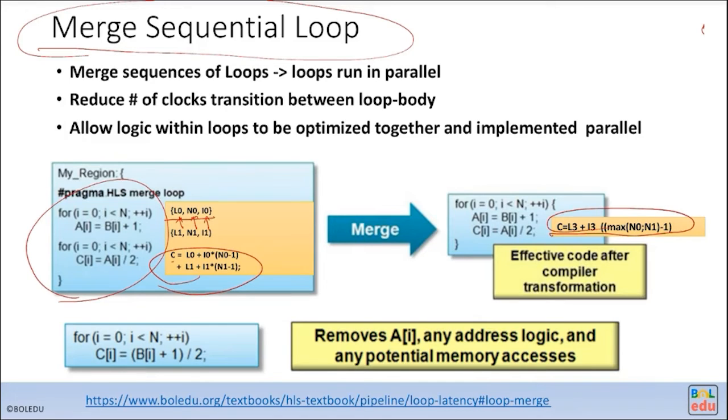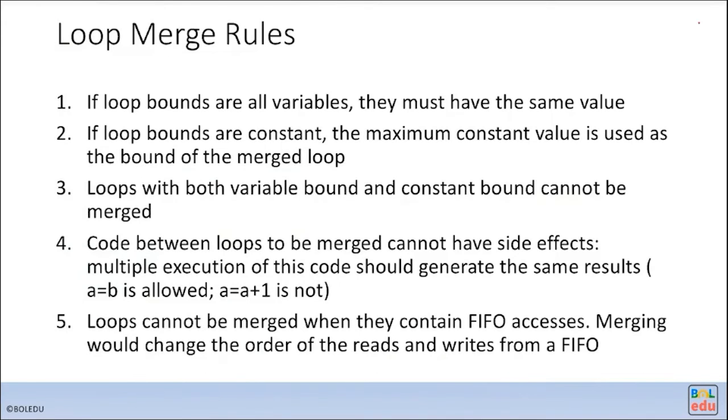So you reduce the latency. In addition to the latency benefit, you also enable more efficient gate-level or larger optimization. So that's merging sequential loops to reduce latency, and those are the loop merge rules.